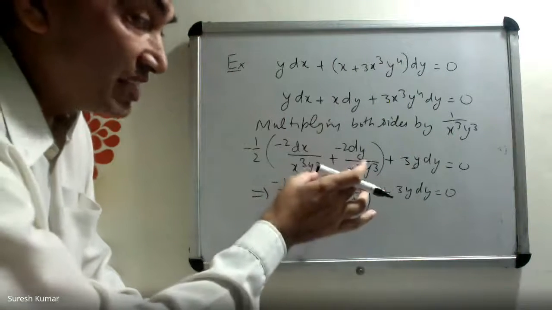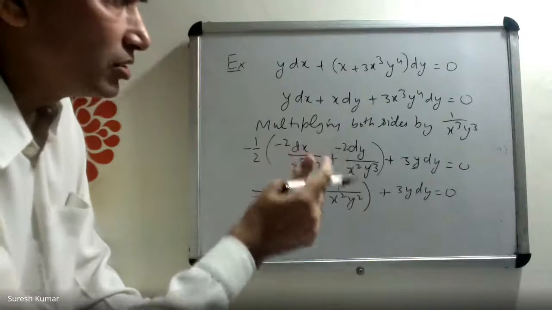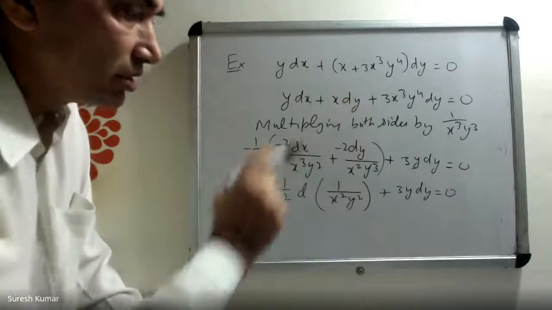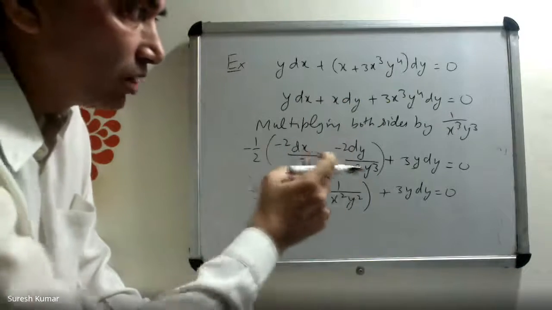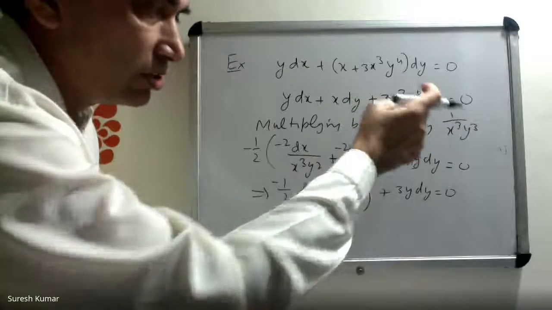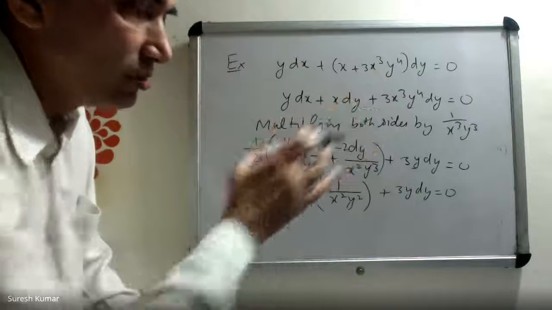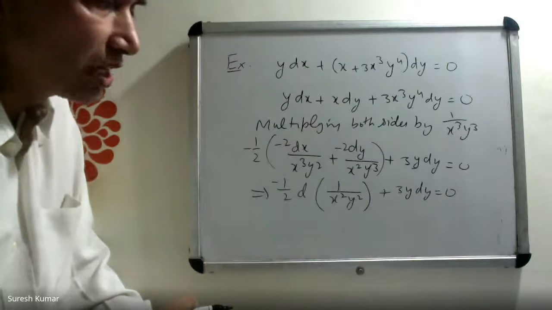So how I guessed it, that is the main point. You see the symmetry. There are terms y dx plus x dy. Why have I divided by x cube? Because there should be no x cube if I want to integrate this. So a suitable choice for division throughout the differential equation is x cube y cube.